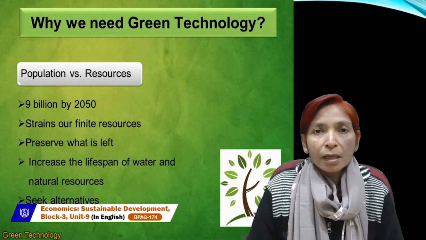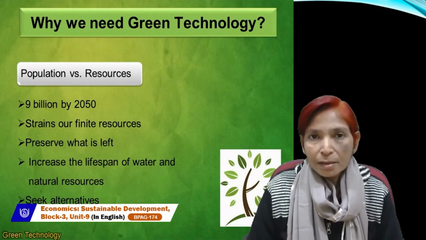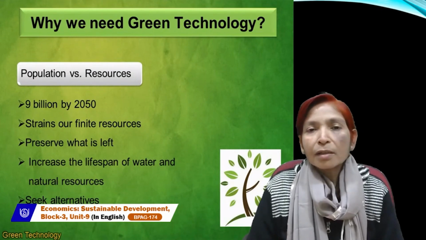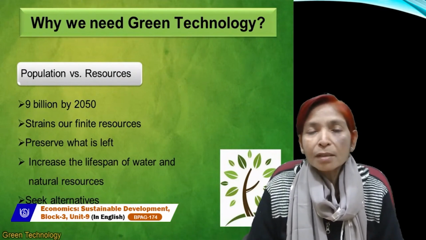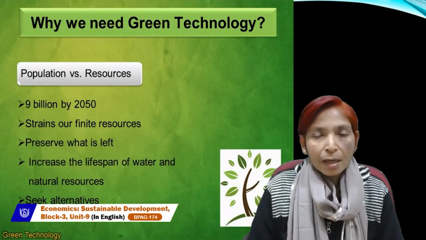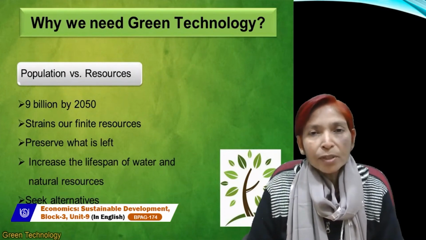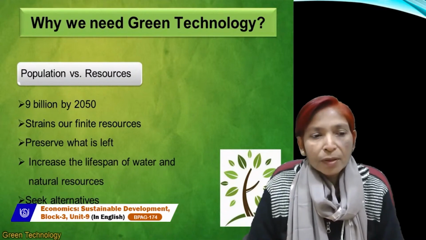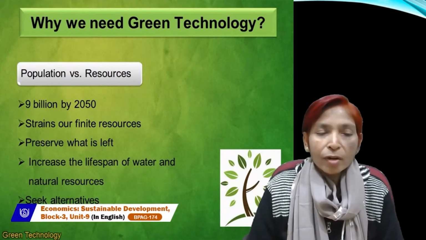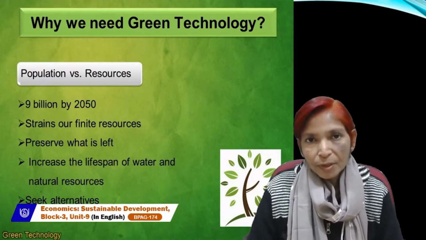Resources are in limited quantity. Resources are scarce, but wants are unlimited. As the population increases, the availability of resources is going to decrease. So there is a great trade-off between population and resources.